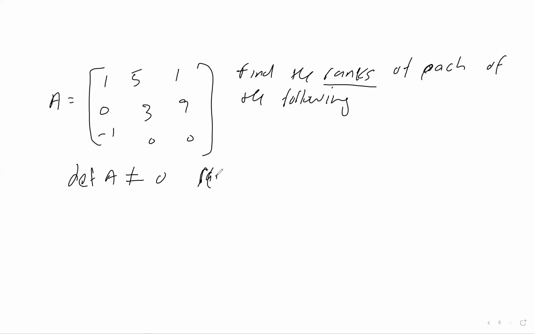The rank of this matrix A is equal to 3 if it's non-zero, because none of the rows are zeros. So that's why it's rank 3.